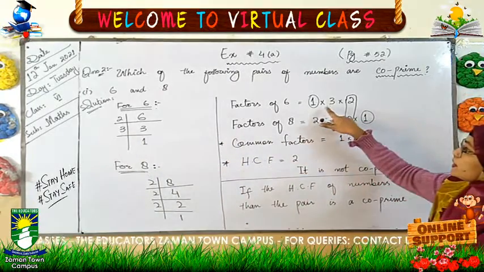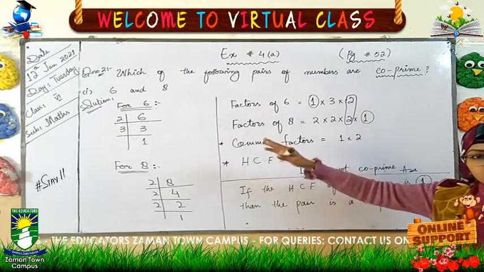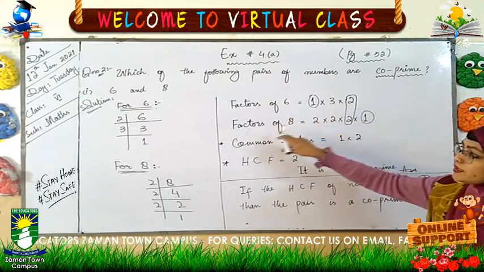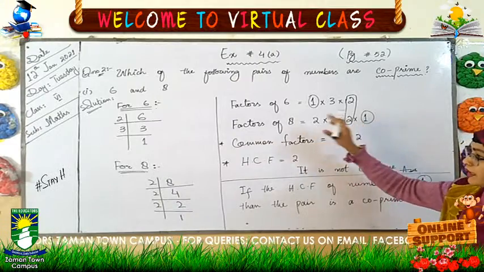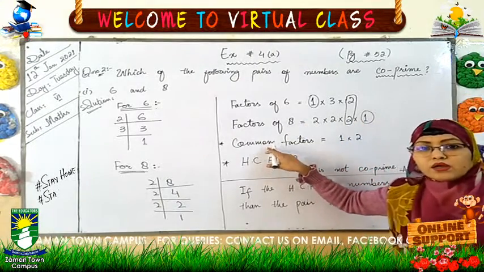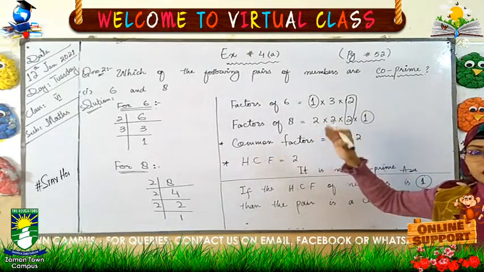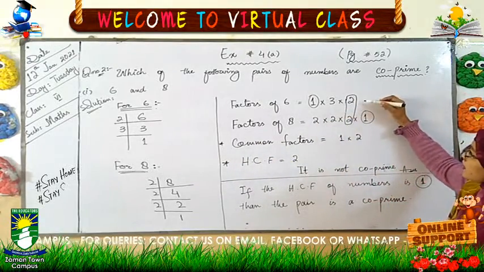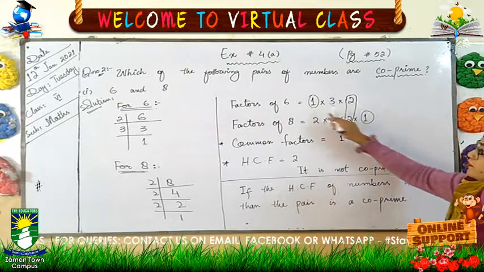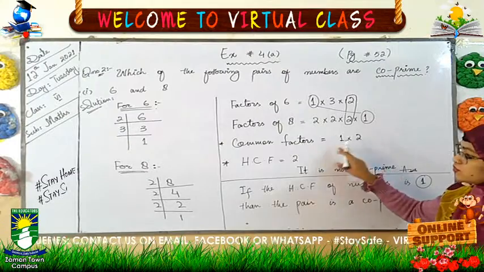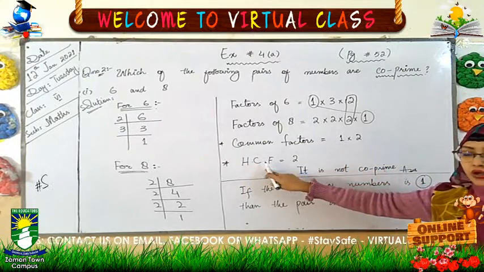Factors of 6 we have written here, factors of 8 we have written here, and after that we have to write down the common factors, the factors which are present in both. 2 is common and 1 is present in both. So 1 and 2, 2 ones are 2, and we have to write down the HCF, the highest common factor.